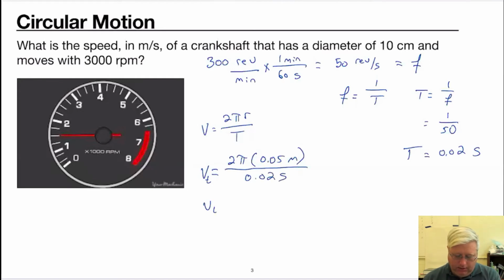So the tangential velocity is going to be, I got 15.7 meters per second, which were the units we wanted.